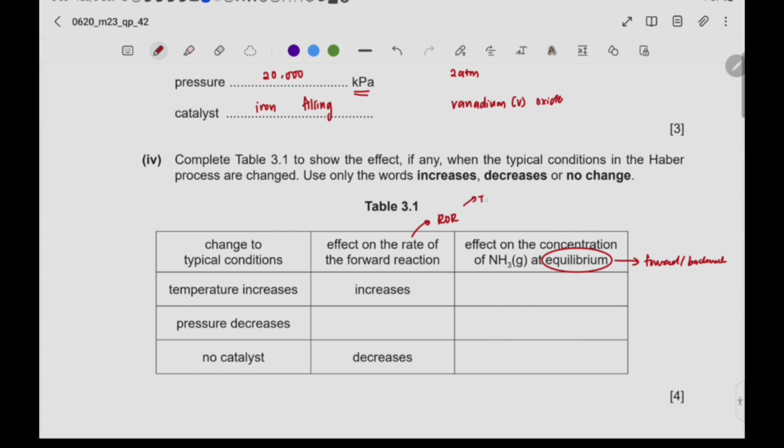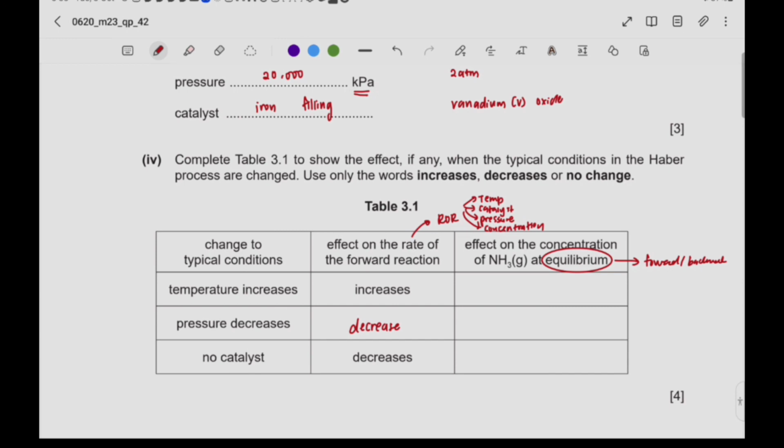It is affected by temperature, catalyst, pressure, concentration, and you just say up or down, like faster or slower. We don't care about backward or forward. So if pressure decreases, definitely the rate decreases, because there is less collision, right? If temperature increases, kinetic energy increases, more collision, right? With no catalyst, definitely your reaction is slower.